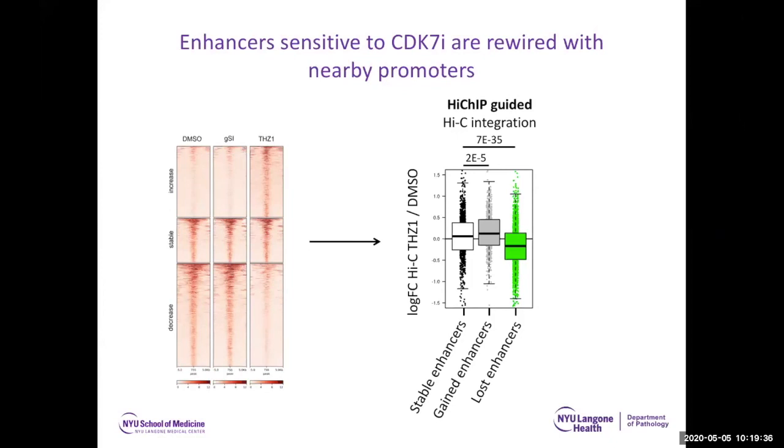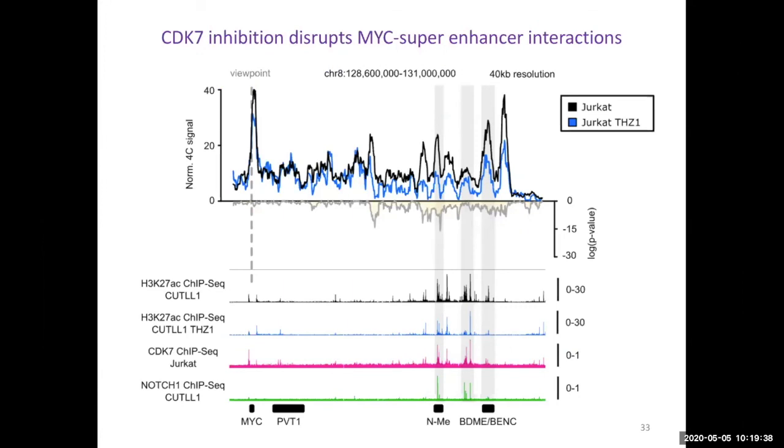I'm just going to show you one example. It is, again, MYC. Remember what I told you before: inhibition of Notch itself is not enough to change looping. However, CDK7 inhibition really disrupts MYC superenhancer interaction, and you can see it here.